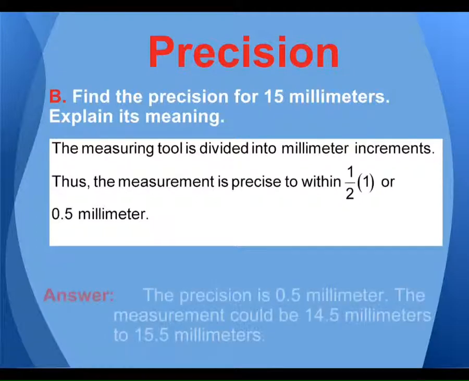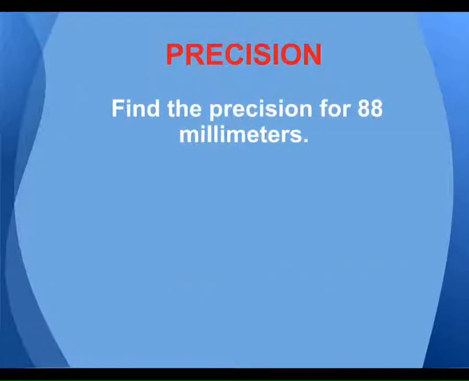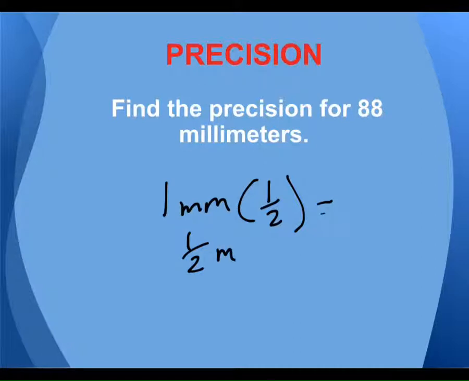Let's look at one more. 88 millimeters. What's the smallest unit on this measuring tool? Just 1 millimeter, right? It's measured in millimeters. You always take that smallest unit, you always multiply by half. 1 times a half is a half of a millimeter.